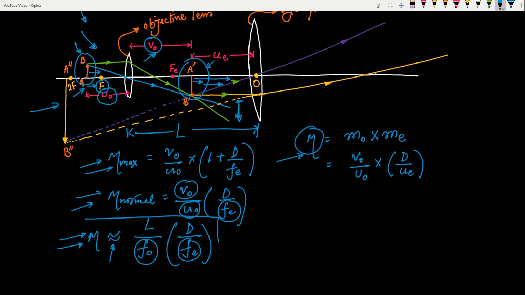This is just the approximation formula to understand how the length of the compound microscope, the focal length of the objective and the focal length of the eyepiece are responsible for magnification. Now if in the question they give you the length of the compound microscope and no other such data, then you need to find magnification using this formula. I hope this is clear. This is the last bit you need to understand for the compound microscope. If you understood this, then you're good to go. So this is all about the compound microscope.